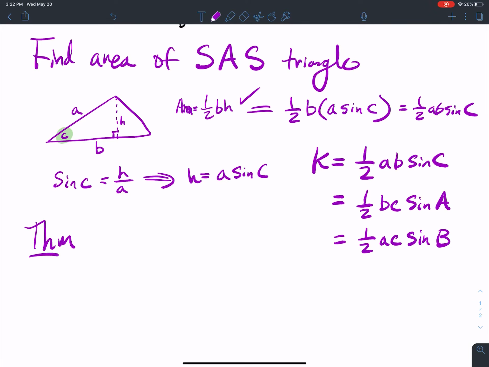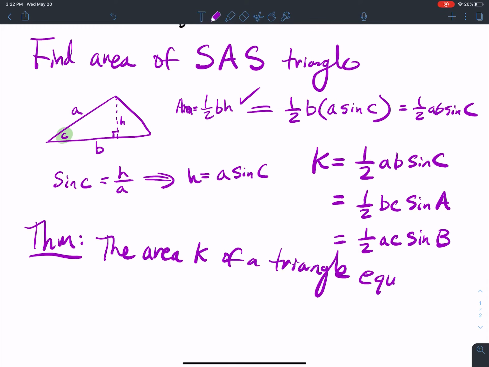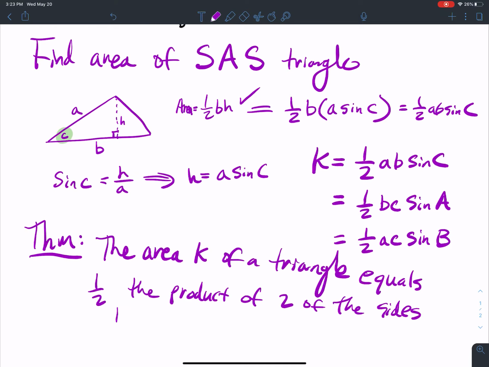So here's a theorem: the area K of a triangle equals 1/2 the product of 2 of the sides times the sine of their included angle.